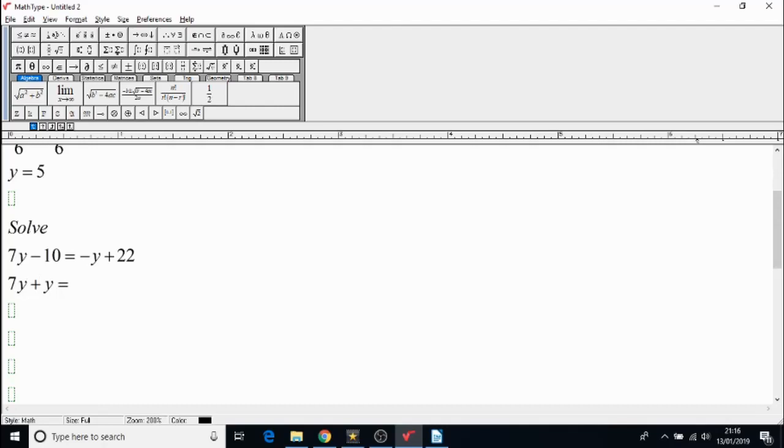And the same way you want to plus 10 to get rid of the 10 and bring it onto the other side, you have to do plus 10 on the right hand side as well. So 22 plus 10. Now this is where you collect the like terms. So 7y plus y is equal to 8y, and 22 plus 10 is equal to 32.